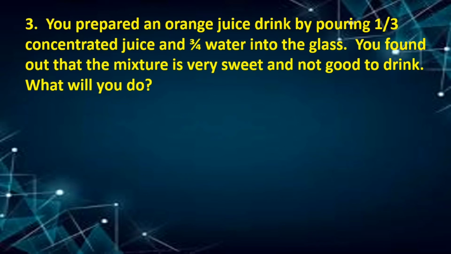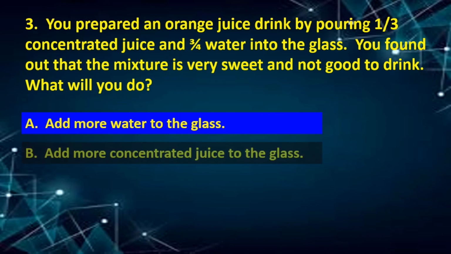Number 3. You prepared an orange juice drink by pouring 1/3 concentrated juice and 3/4 water into the glass. You found out that the mixture is very sweet and not good to drink. What will you do? A. Add more water to the glass. B. Add more concentrated juice to the glass.